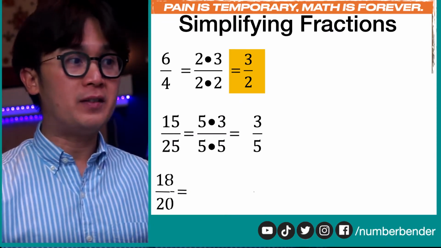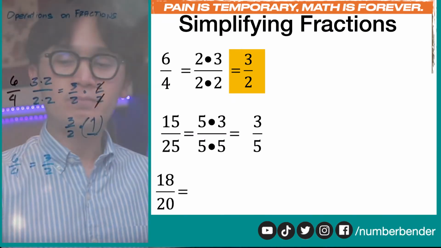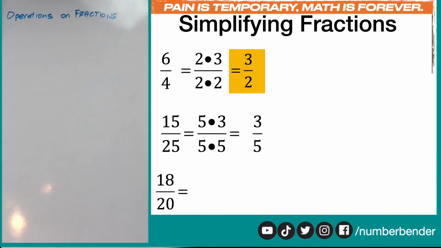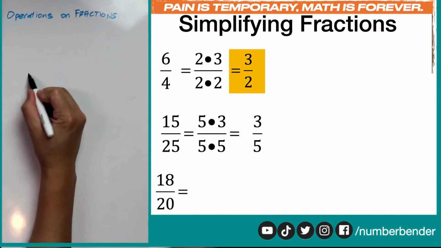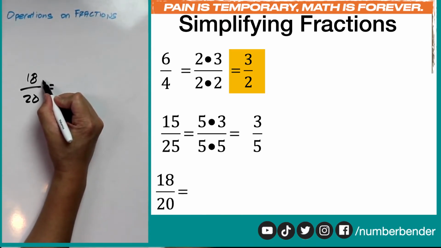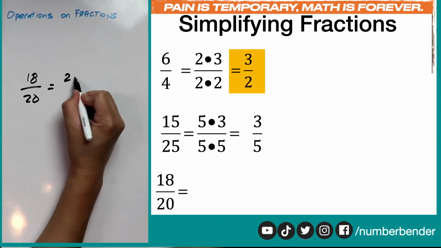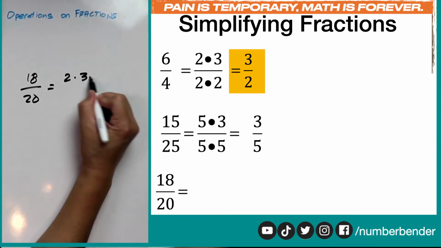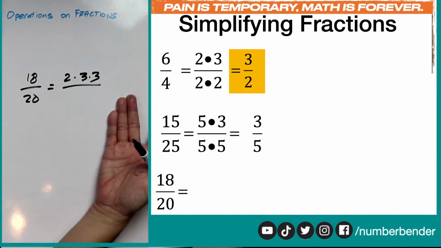And if we have 18 over 20, mental math is what we're going to be exercising today. So 18, we know that 18 is 2 times 9, and 9 is 3 and 3. So we have 2, 3, 3 for 18.